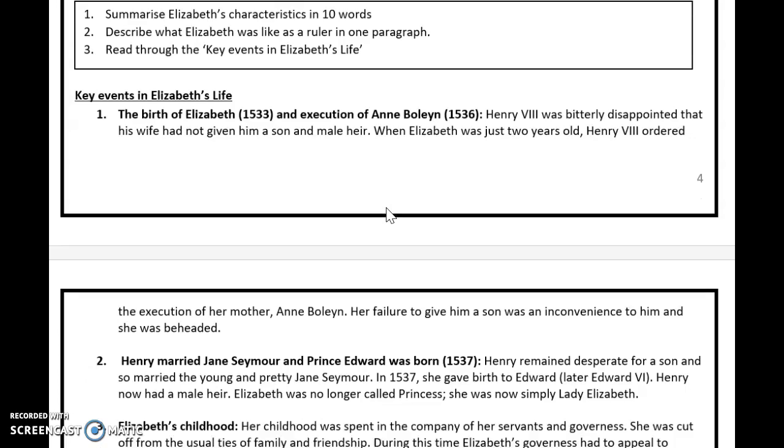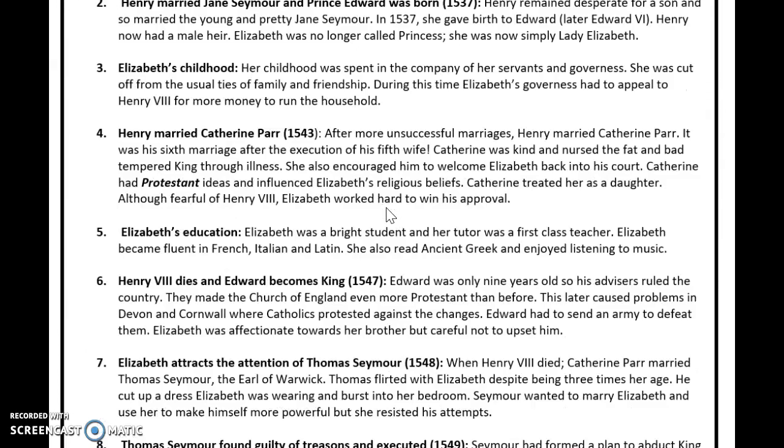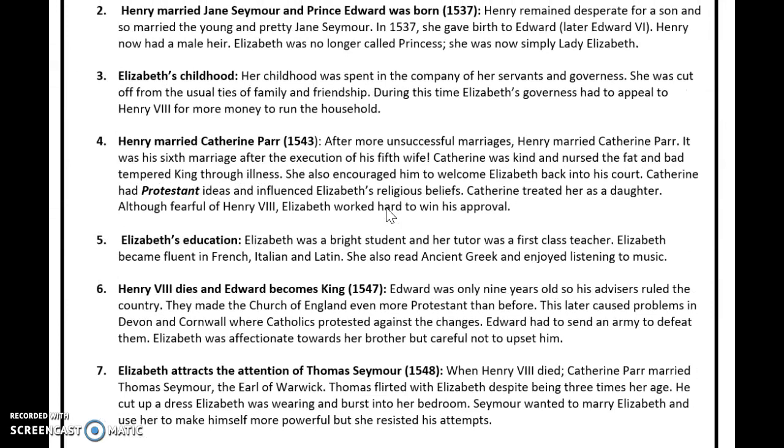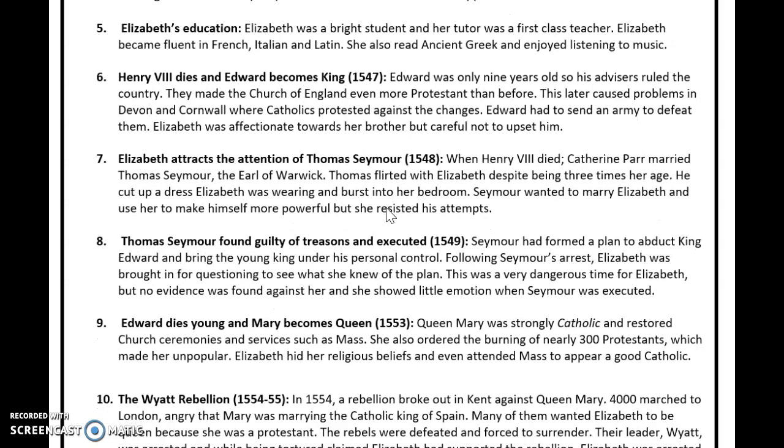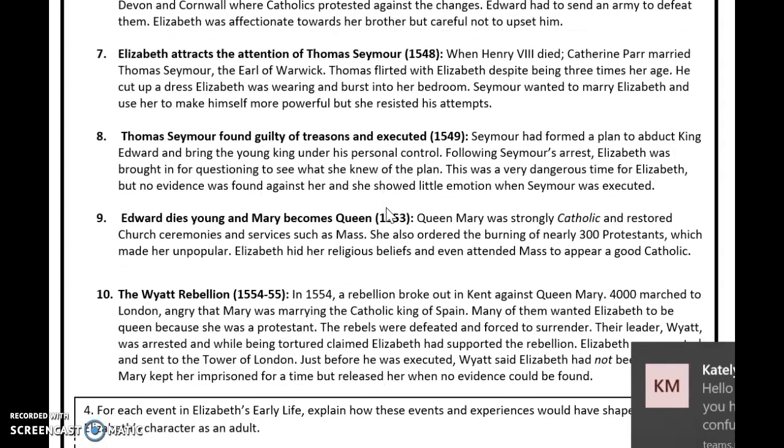What I would like you to do now is just read number 2 to number 10. So I'll pause the video here for you to read 2 to 7. And then again from 7 to 10.